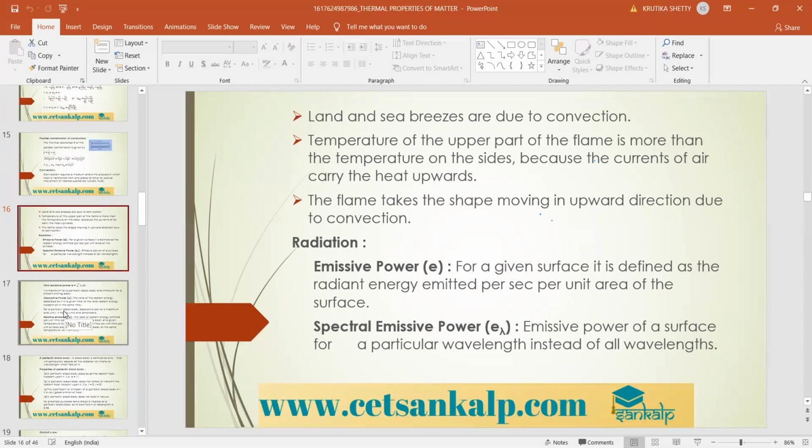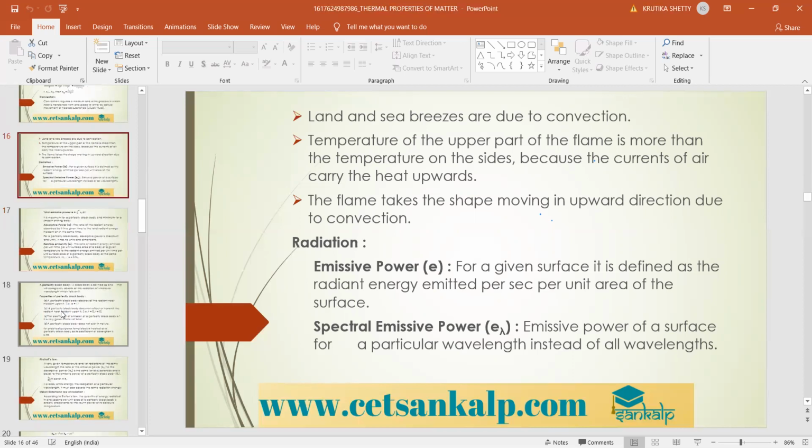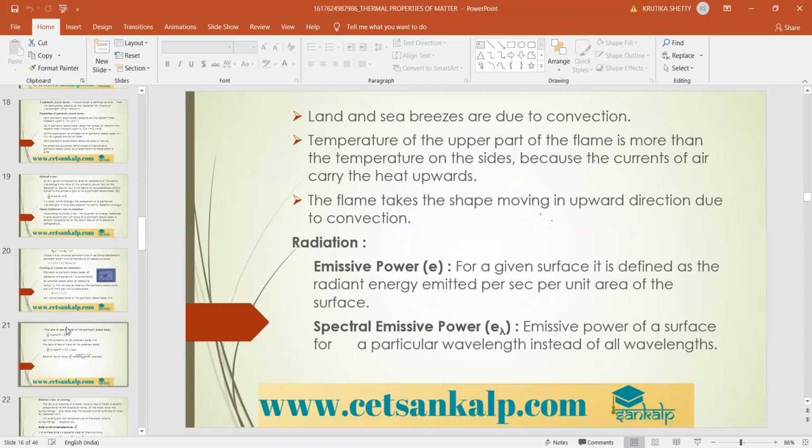Already we know radiation is the fastest among all these. And in radiation, we define some terms like emissive power, denoted by E. For a given surface, it is defined as the radiant energy emitted per second per unit area of the surface. That is emissive power. Then next, what is spectral emissive power?